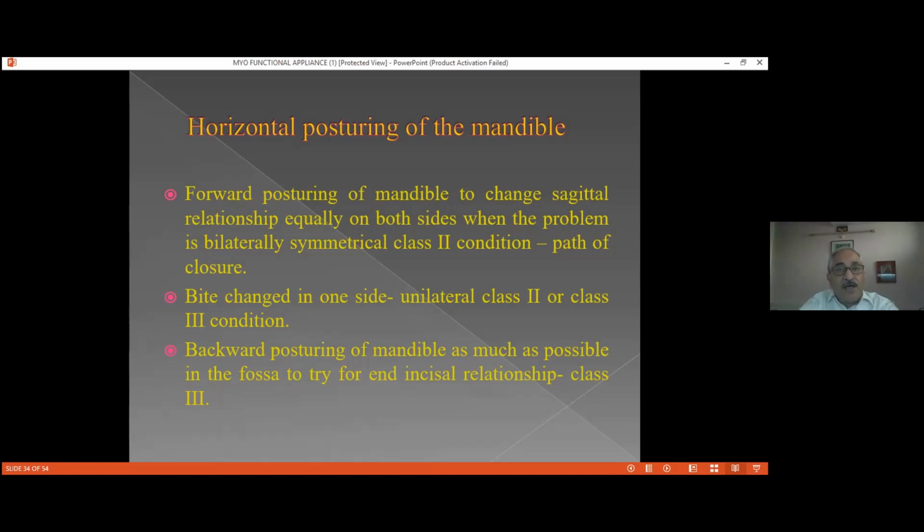Till now, I've been talking about myofunctional appliances in class 2 relationship. But in class 3, the bite registration is done in a different manner. In that case, we don't bring the mandible forward. We push the mandible, that is the condyle, into the fossa and try to attain an end-to-end incisal relationship in class 3 cases.